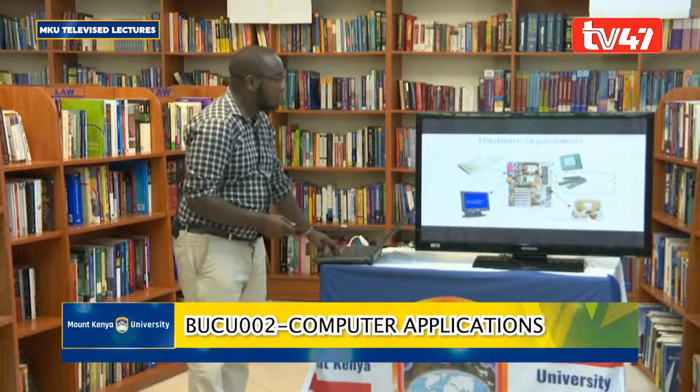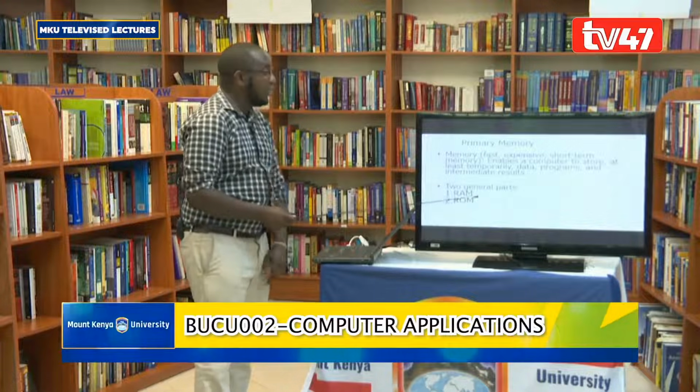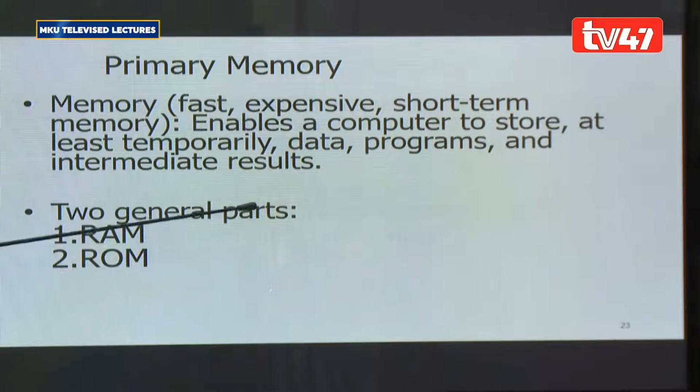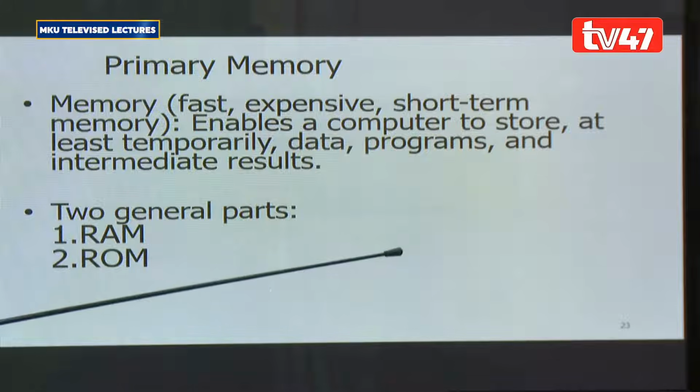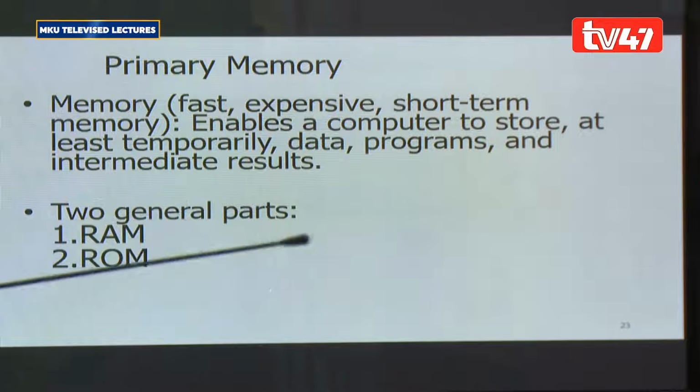Can move on. We have the memory. First, we're going to focus on the memory. The memory enables a computer to store information temporarily or permanently. We have two major types of memory.